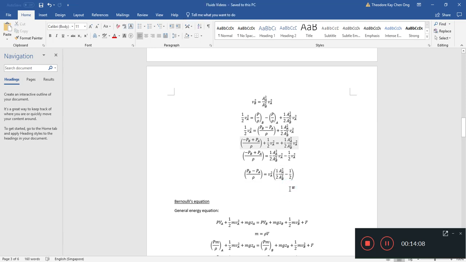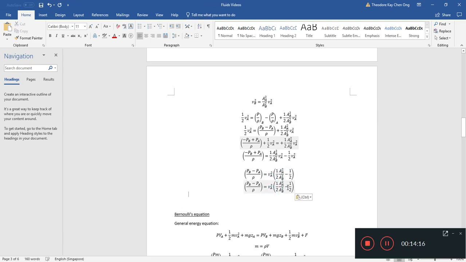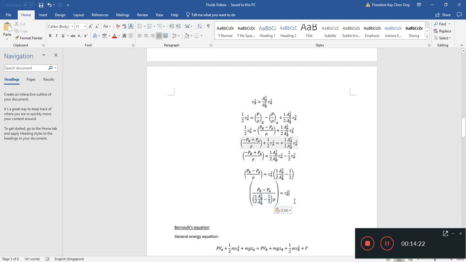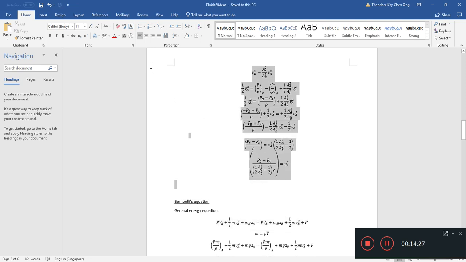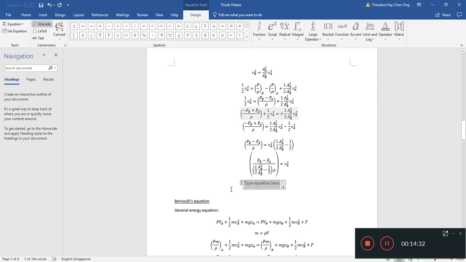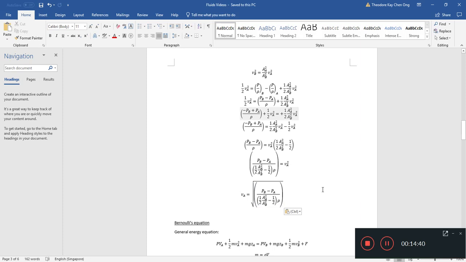It's not junk per se, but you get what I mean. So it goes underneath. Then next, I'm just going to square root this whole thing, so VA equals the square root of whatever this thing is. All right, I think we are pretty much done already.